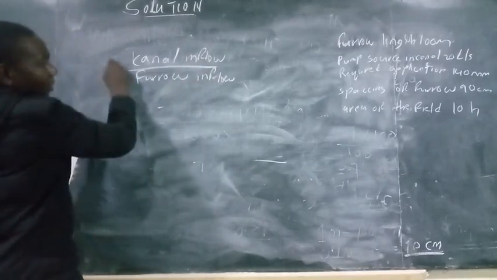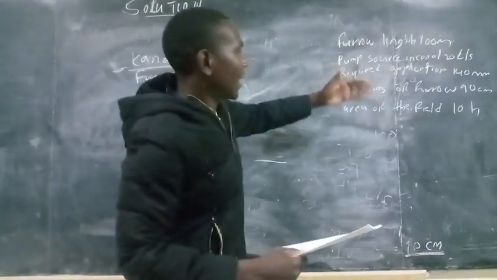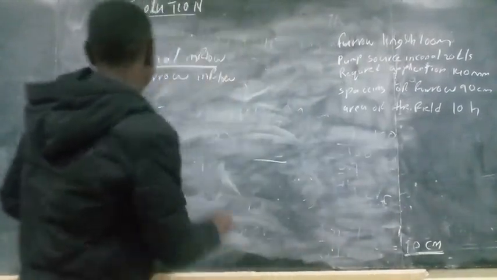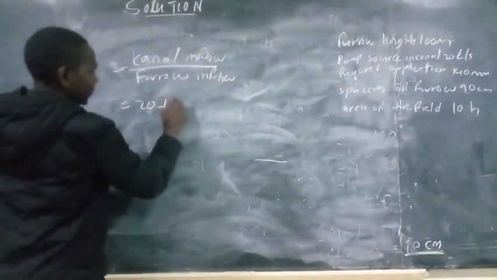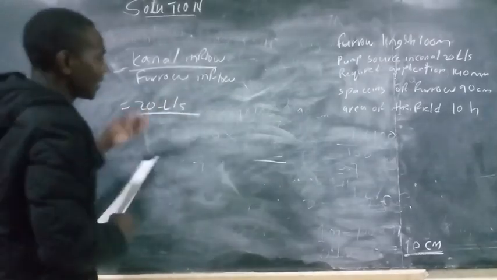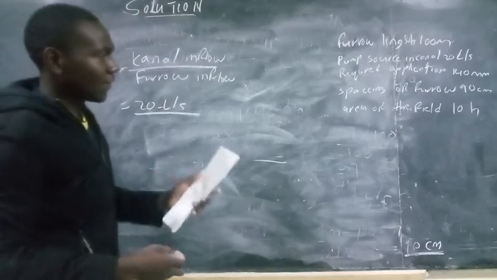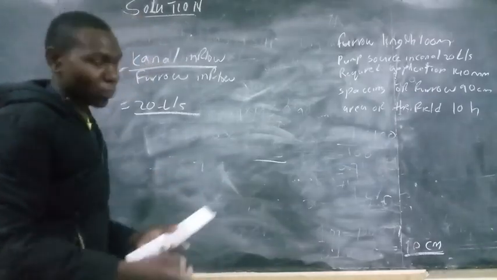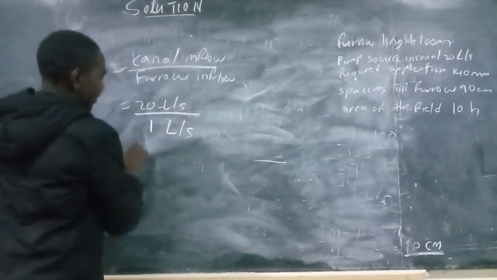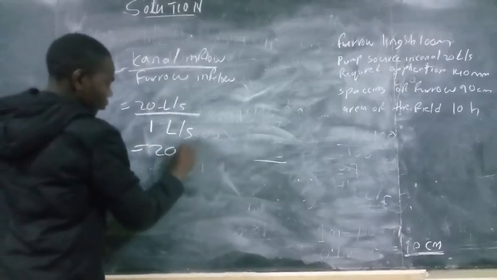According to our data, the canal inflow is the pump source in the canal, which is 20 liters per second. And what was our furrow inflow according to our data? We had found out our furrow inflow was 1 liter per second, which is giving us 20 furrows.